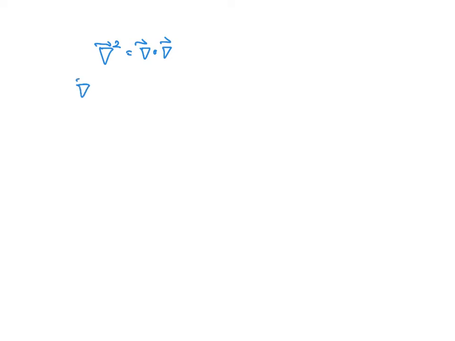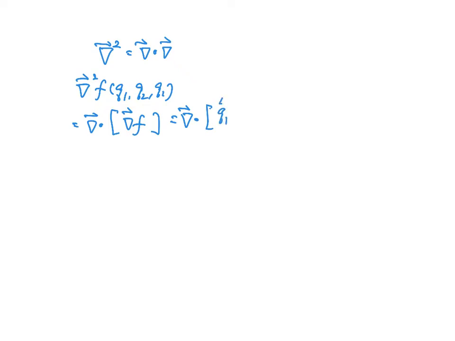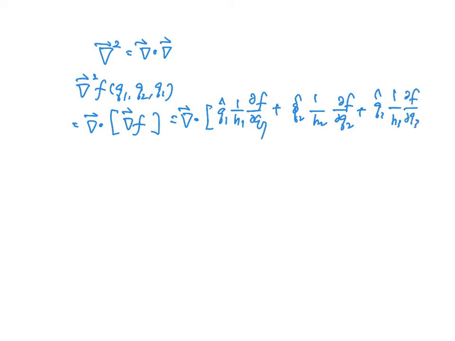So the Laplacian of f of q1, q2, q3 is the divergence of the gradient of f, which is: q1 component 1 over h1 partial q1 partial f, q2 component 1 over h2 partial q2 partial f, q3 component 1 over h3 partial q3 partial f.